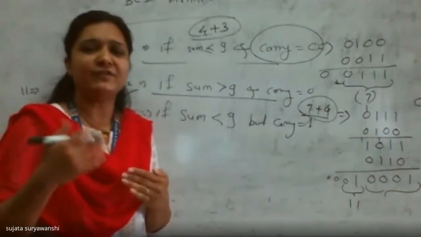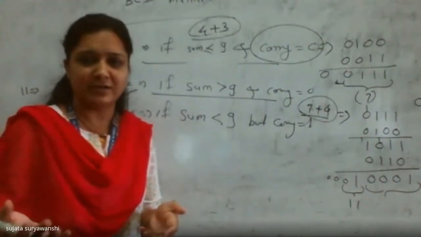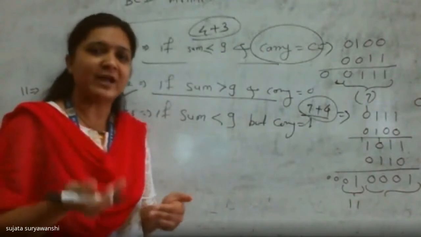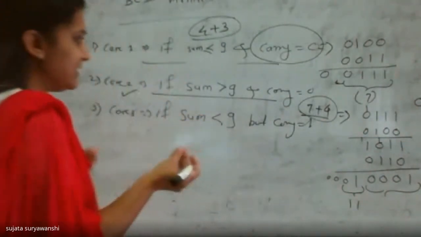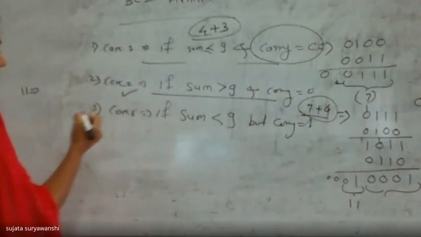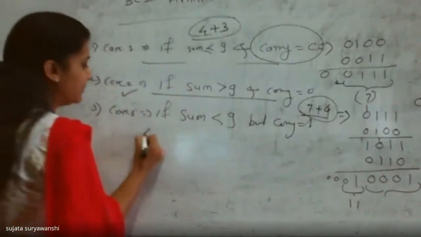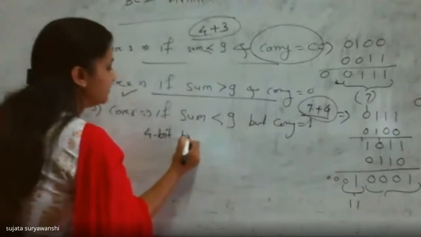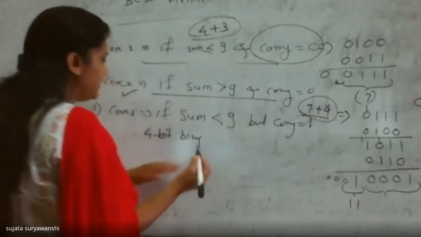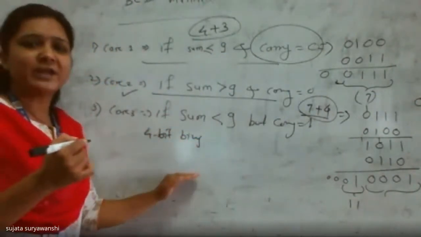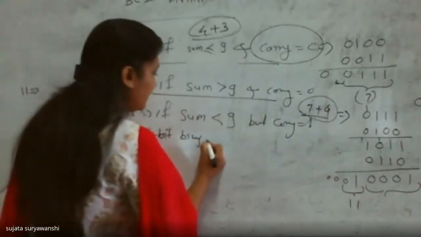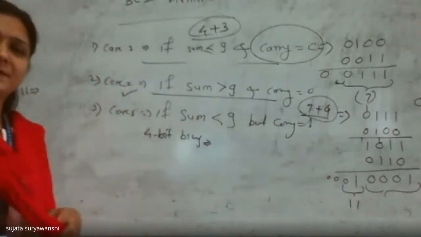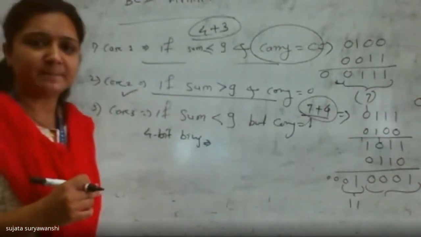Now, why am I adding 6 only? Why am I not adding 3, 4, 5 or any number other than 6? The answer is this. Whenever we are considering a 4-bit binary number, how many numbers can you represent using 4 bits?